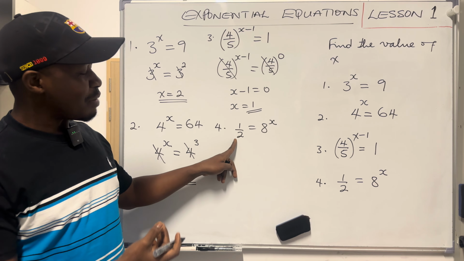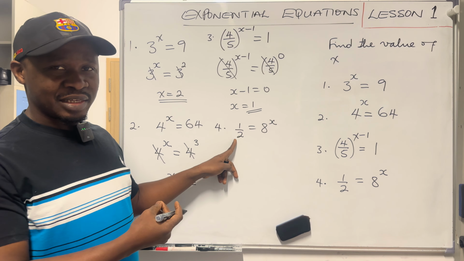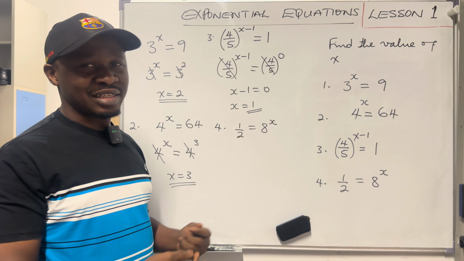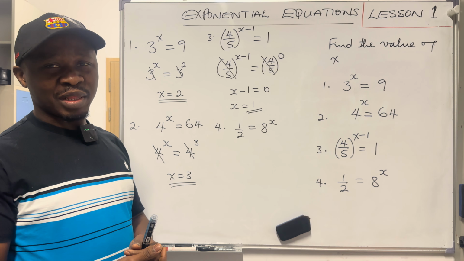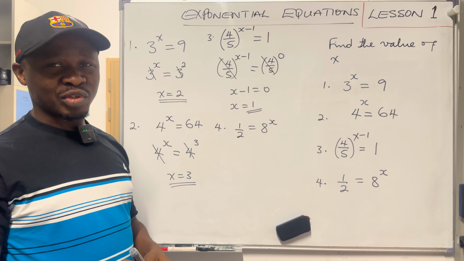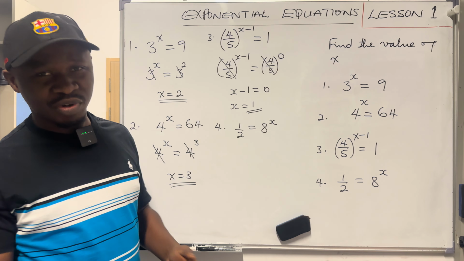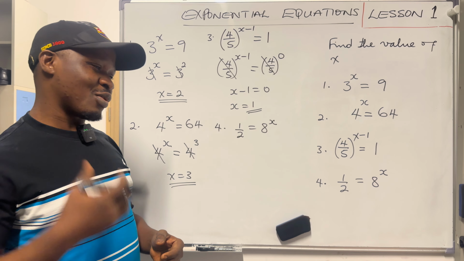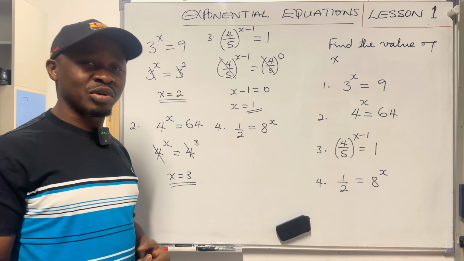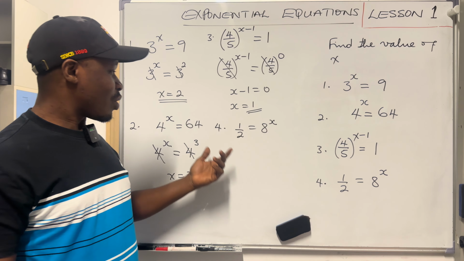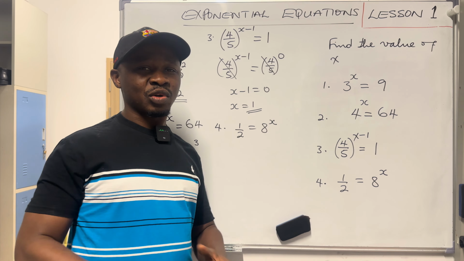How can we get a base of 8 here? It's not that easy. It requires a lot of tedious mathematical manipulation, because I don't just want to say it's not possible, but in mathematics we can take certain lengths to make what seems impossible possible.